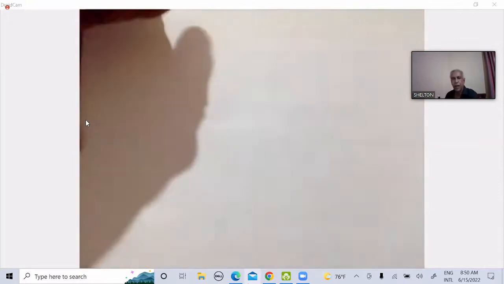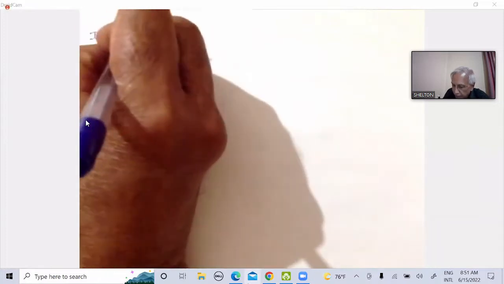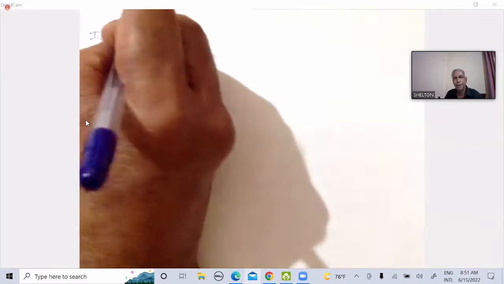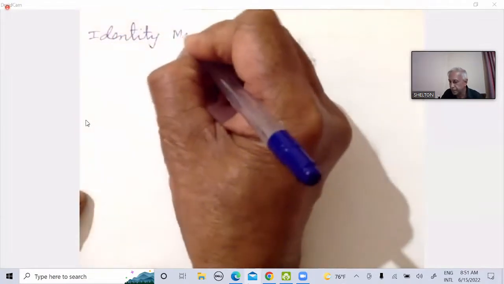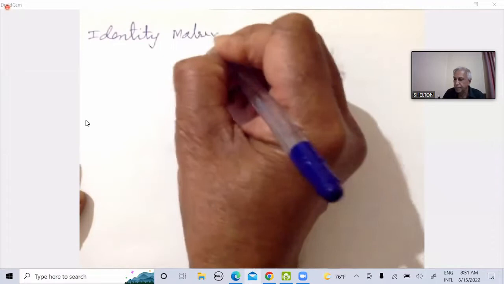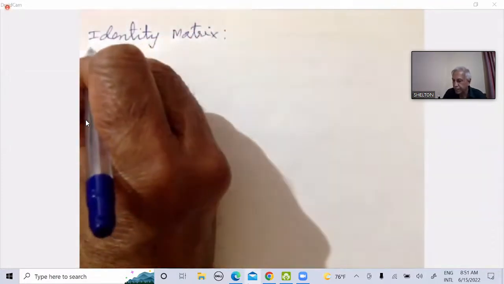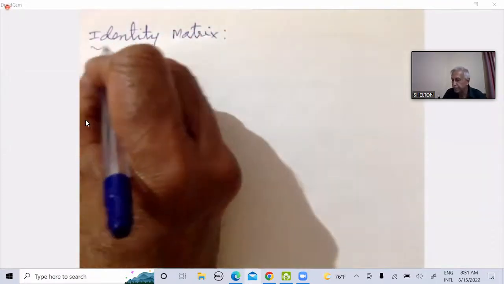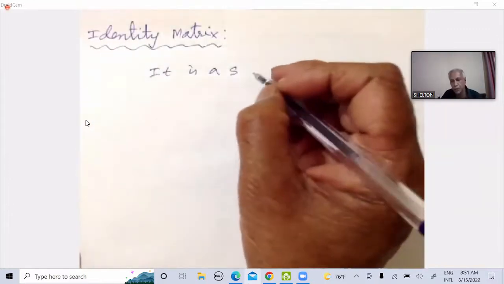Now we go to the identity matrix. It's a special type of square matrix. What is a square matrix? The number of rows and number of columns are the same.